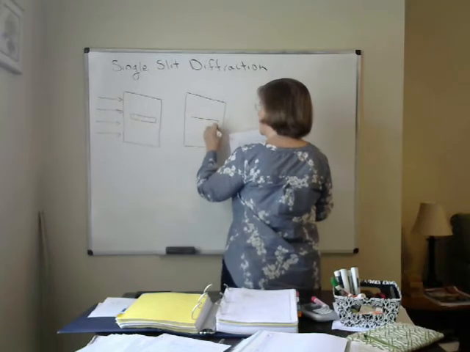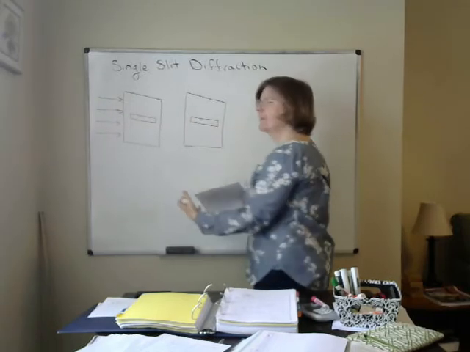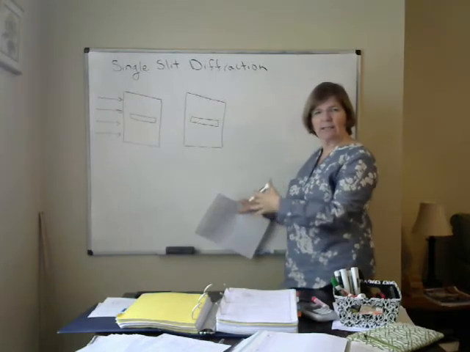Here's where the bright light gets through, and everything else would be dark. That's what the ray model tells us will happen.